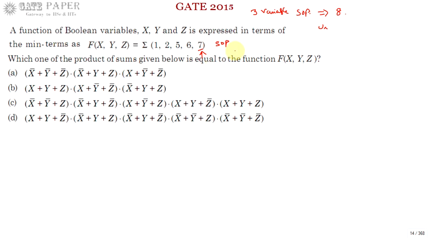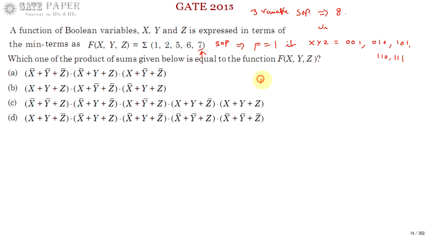The actual meaning is, f is equal to 1 if xyz is 0, 0, 1, or 0, 1, 0, or 1, 0, 1, or 1, 1, 0, or 1, 1, 1. If the input values xyz are these, then the output will be 1, that is f is equal to 1.